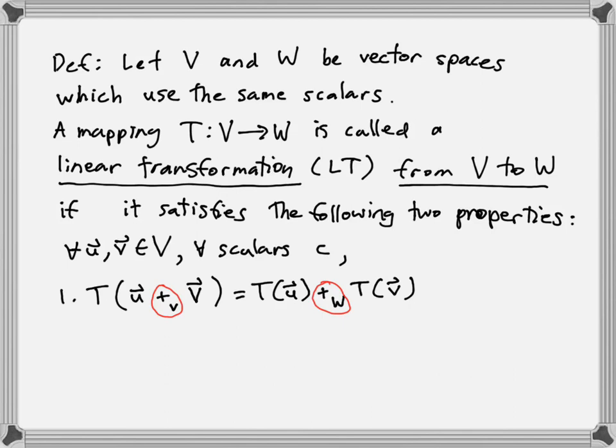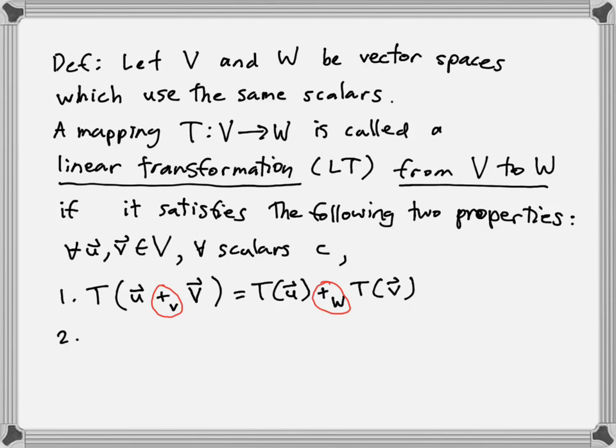And on the other side, we're actually taking T of u, which sits in W, and T of v, which also sits in W, and then we're adding them over in W. So in other words, the same result has to pop out whether you add them and then apply T, or whether you apply T to each of them and then you add them in the other space. So that's property 1.